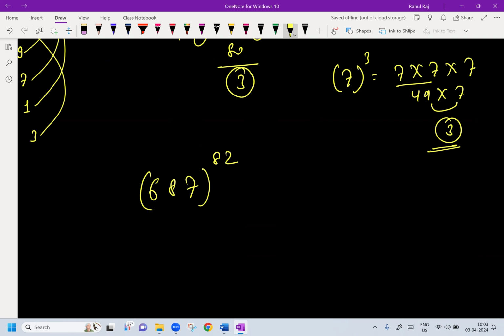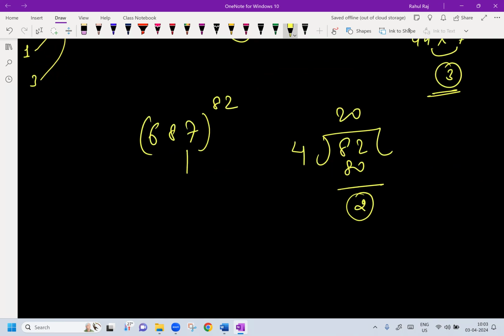My first step, Alexa, is to divide the power by 4. The remainder is 2. Take the actual unit digit, that is 7, and do it to the power 2. 7 sevens are 49. So the unit digit of this number has to be 9. Whatever this number may be, it doesn't matter to us at all.